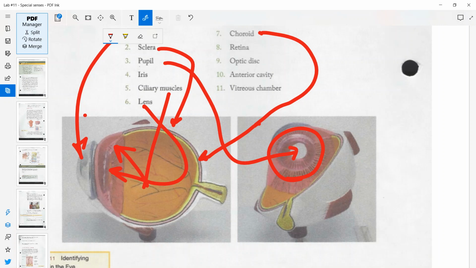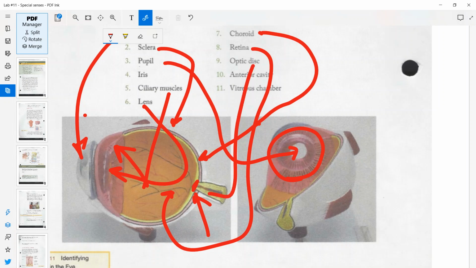It's that brownish layer that you can see, kind of reddish, darkish, brownish. And retina is the yellow layer shown here in the model, that layer is responsible for actually sensing the light. Optic disc is this part. Okay, for a second, just delete all the ink.